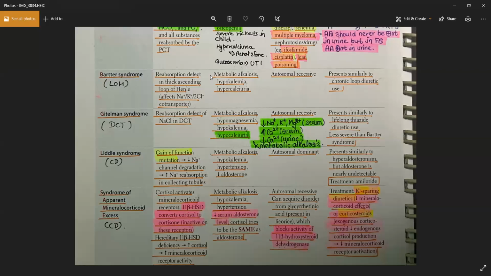So metabolic alkalosis, hypokalemia, hypercalciuria, diuresis, dehydration, right? All of these are similar to loop diuretics. You will also get renal stones, hypocalcemia, hypercalciuria, and hypokalemia, right?